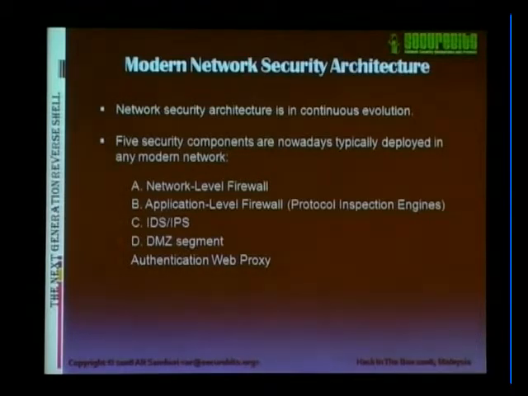Whereas in the past, it wasn't widely available. Every corporate network now has a network level firewall, application level firewall or protocol inspection scanning, IDS, IPS, DMZ, authentication proxy, and so on. These are very critical, and we are going to see why soon.